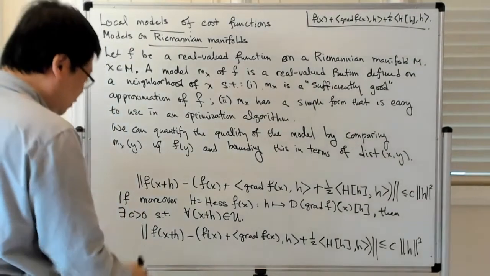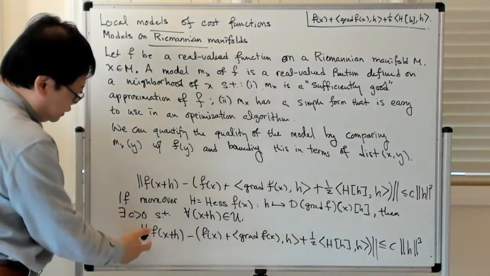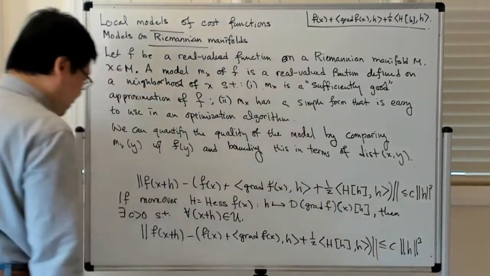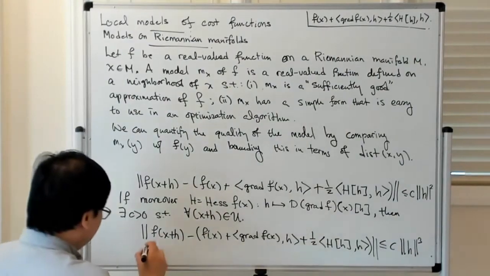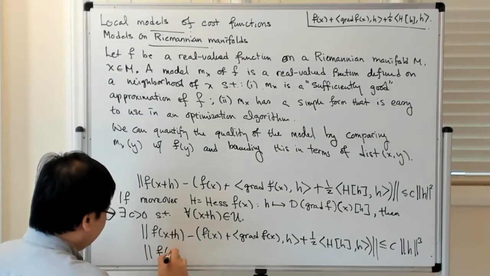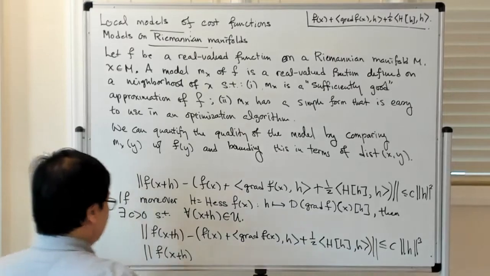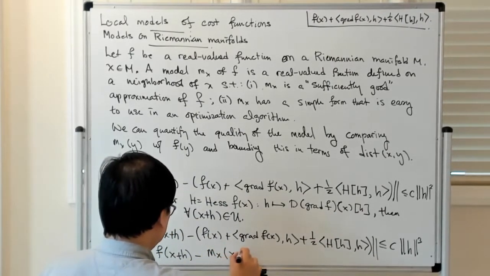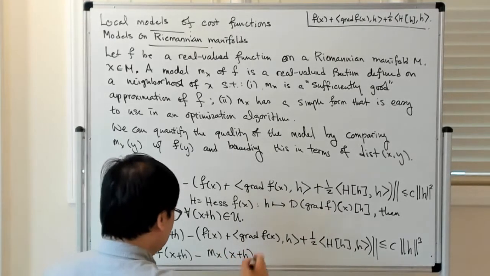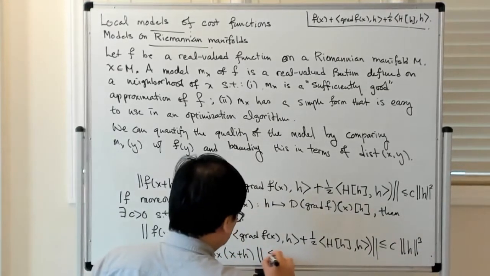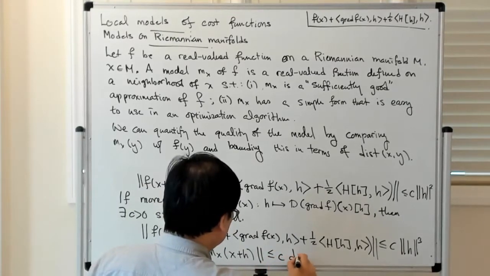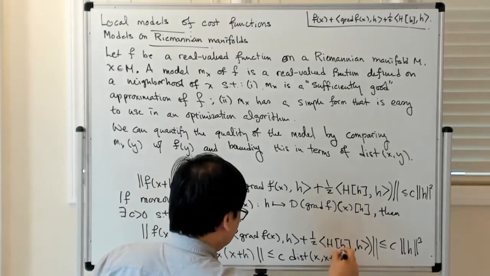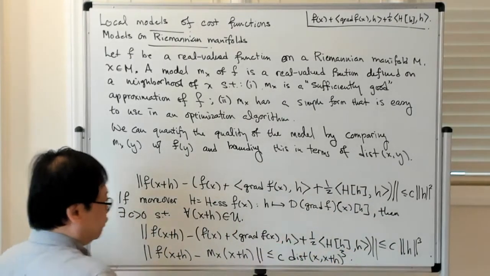That's analogous to this: this is f at the point y, maybe I should write it this way, f evaluated at x plus h, and this is m_x at x plus h, where x plus h is y. And then this is some constant times the distance between x and x plus h cubed. So that's another way of writing this.